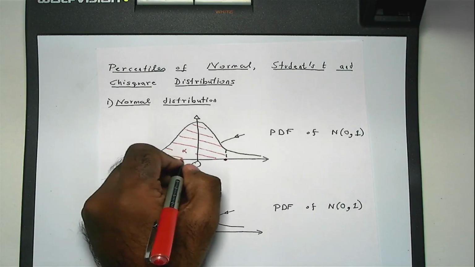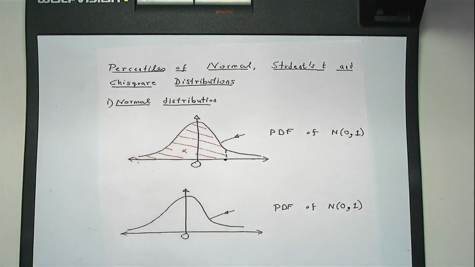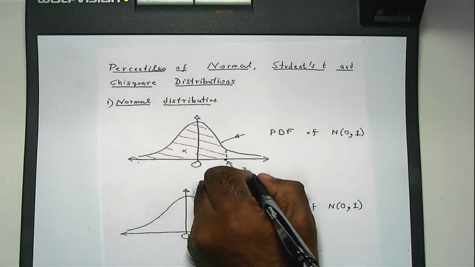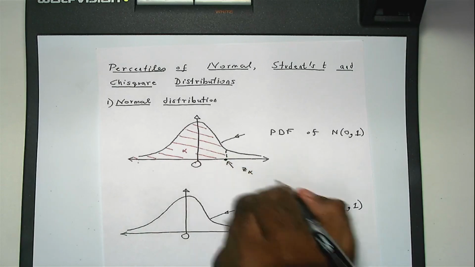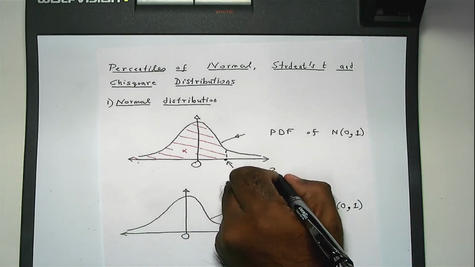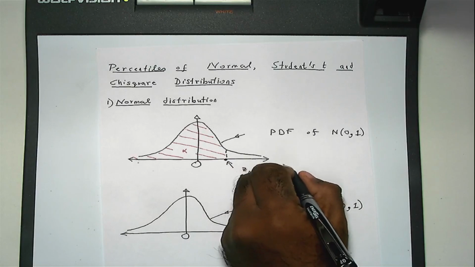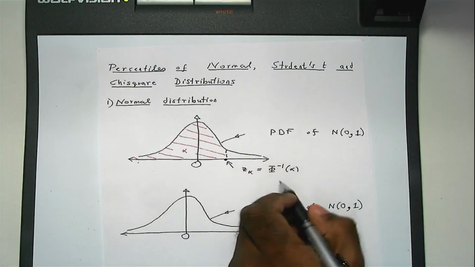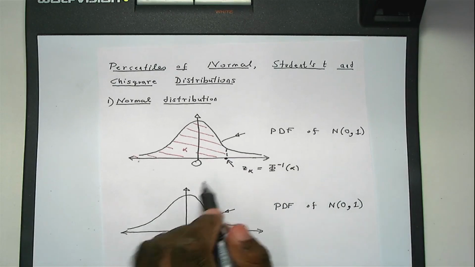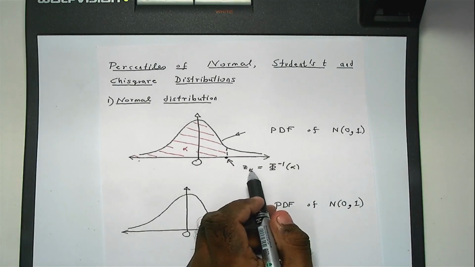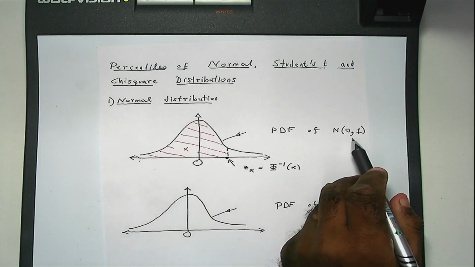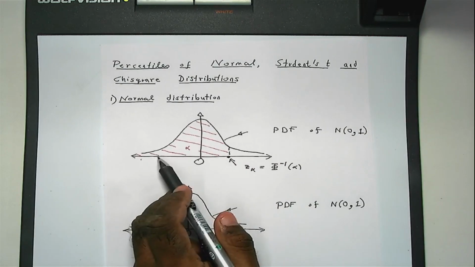And then this point here is denoted by little z subscript alpha, and is defined as phi inverse at alpha. So this is the notation to denote the percentile. And these are known as percentiles of the standard normal distribution, with the area of alpha to the left of it, right?